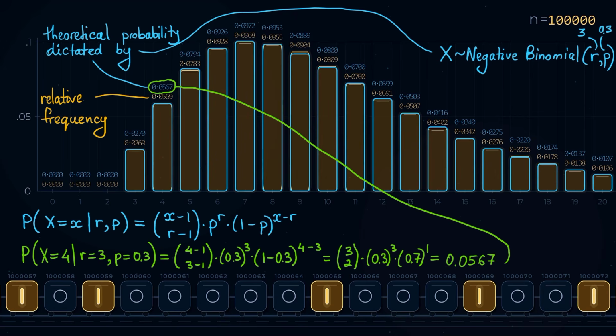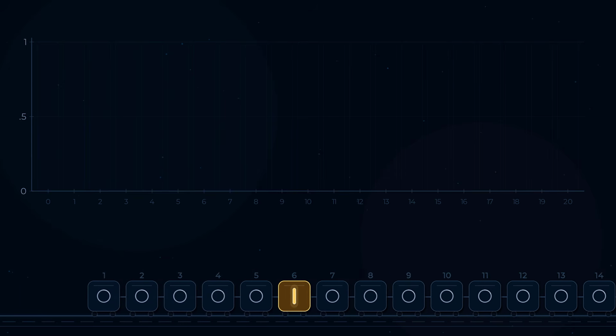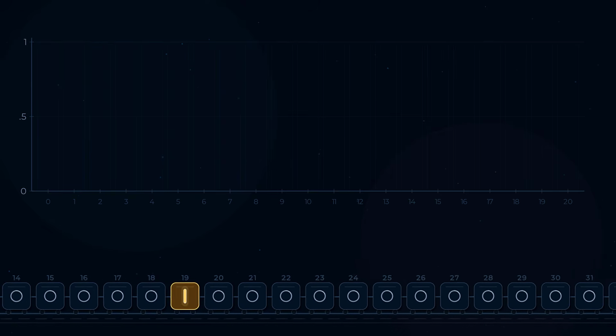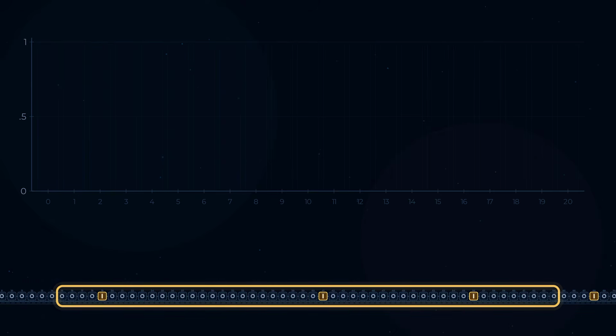We have already seen 3 distributions, the binomial, the geometric, and the negative binomial, arising naturally from a Bernoulli process. Now let's see a 4th one, the Poisson distribution, and let's see how it arises as an approximation to the binomial when its 2 parameters n and p happen to be such that n is relatively large and p is relatively small.